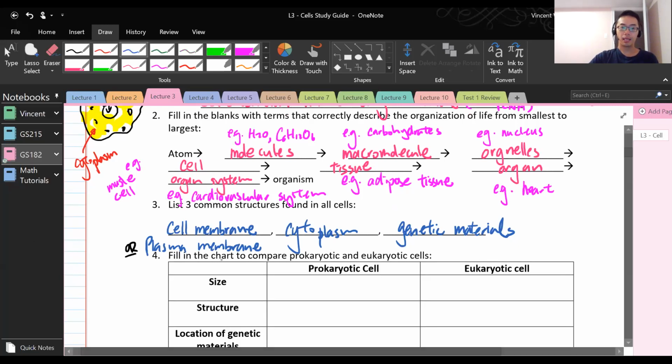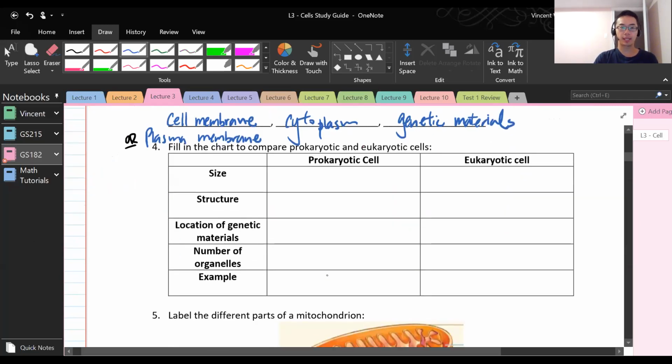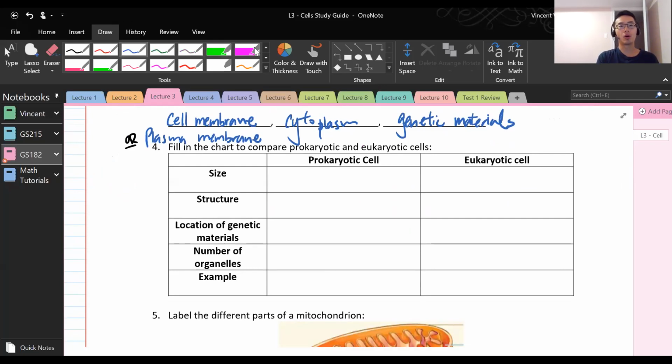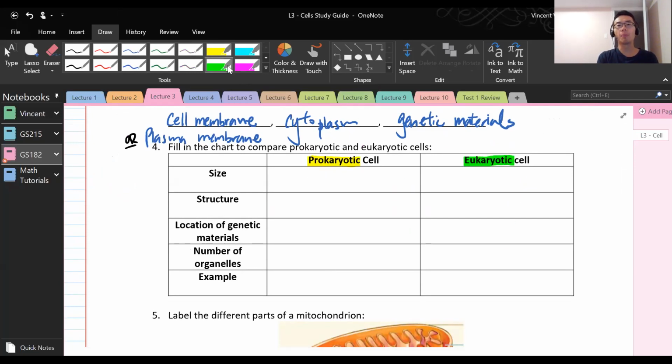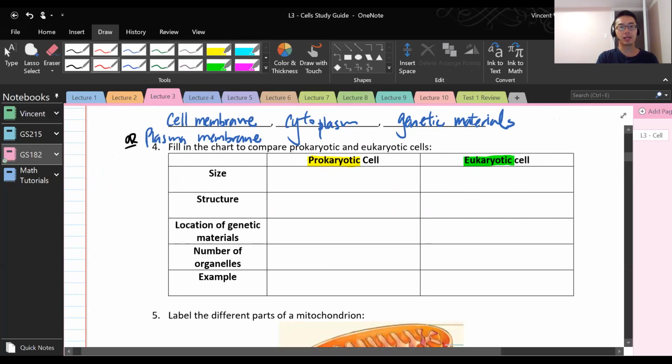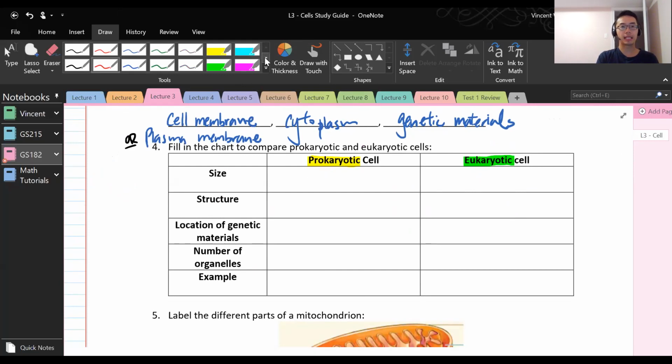Now, generally speaking, we can separate cell types into prokaryotic cells, the more primitive, P for primitive, and the more complicated eukaryotic cells. The main differences are summarized in this chart.